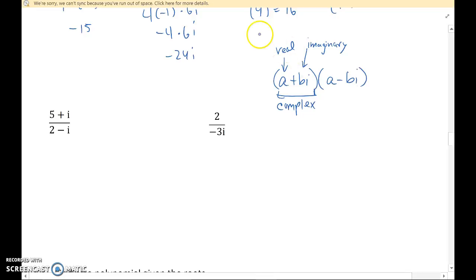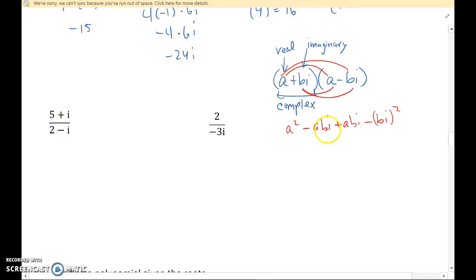If we FOIL this out, a times a, we get a squared. And a times negative bi is negative abi. And bi times a is a positive abi. And bi times negative bi is a negative b i squared.